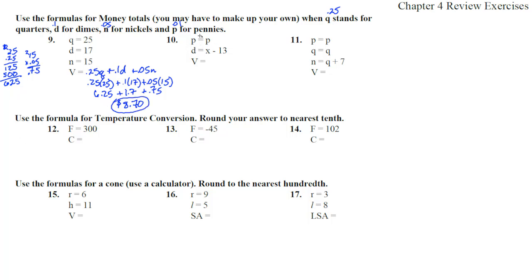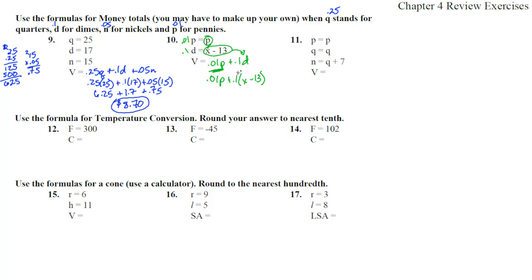Number 10. So we're dealing with pennies and dimes, so it's going to be 0.01 times the pennies and 0.1 times the dimes, so that would be 0.01p plus 0.1d. P is just p. They didn't actually give us a number, so we get to leave it just like that. This, however, goes in for the whole d right there, so it's 0.01p plus 0.1 times x minus 13.